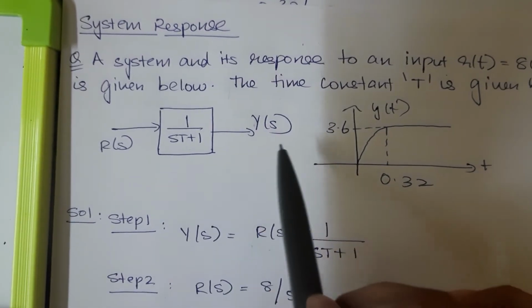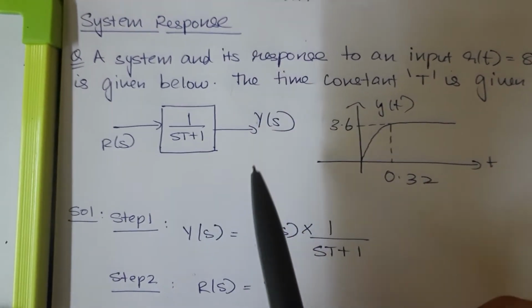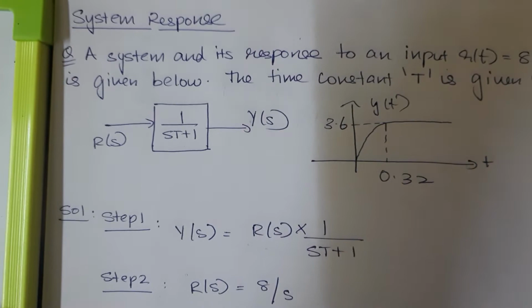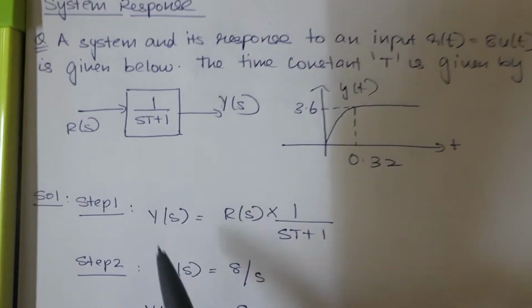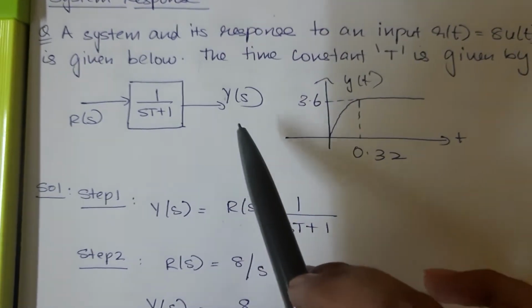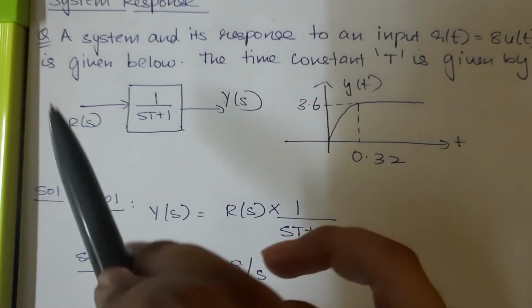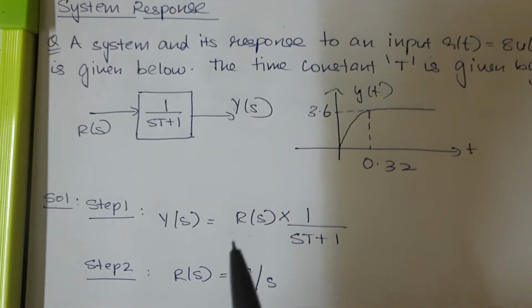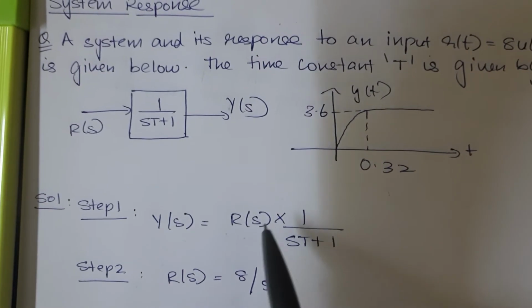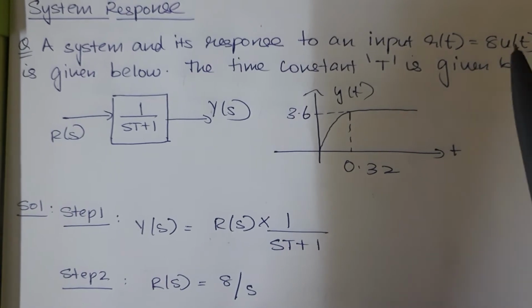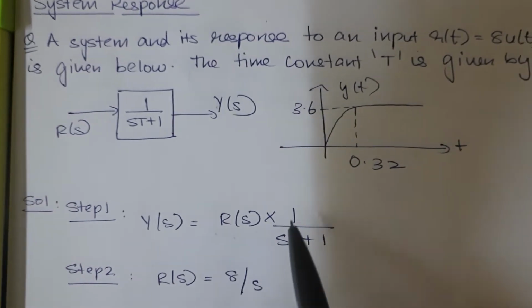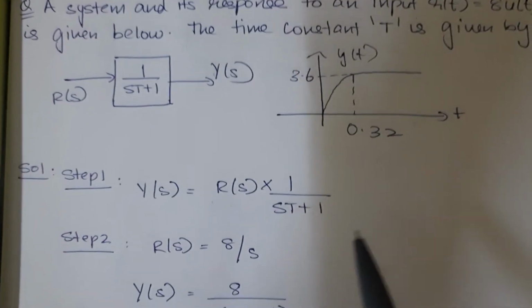Now they are asking what will be the time constant of the system with the given input as 8 into u(t). Now first what we do is, we know that Y(s) is equal to input into transfer function. So R(s) is nothing but the Laplace transform of the input 8 into u(t), into 1 by (sT plus 1).